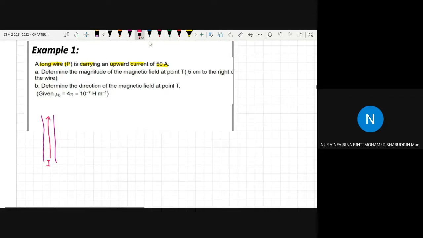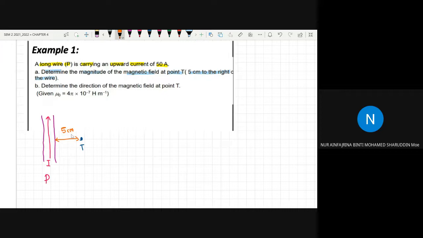So the question asks us to determine magnitude of magnetic field at point P, 5 cm to the right of the wire. Okay, kita kena tahulah ini yang Miss punya cursor ni, sini belah kiri, ini adalah belah kanan. Jadi dia adalah 5 cm daripada wire awak. So this is 5 cm.